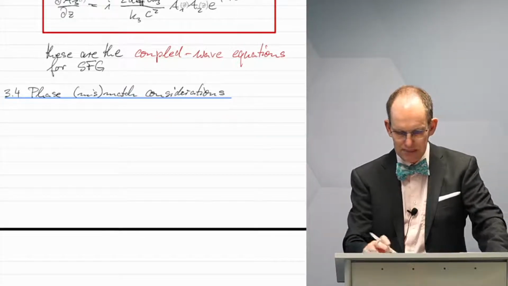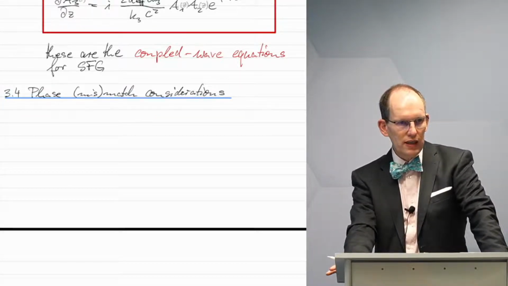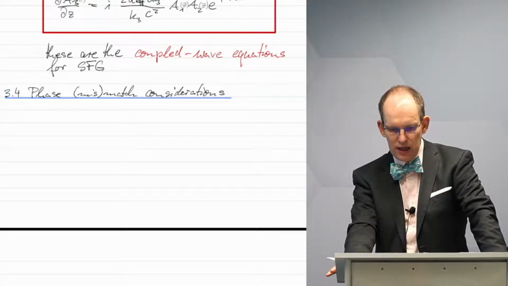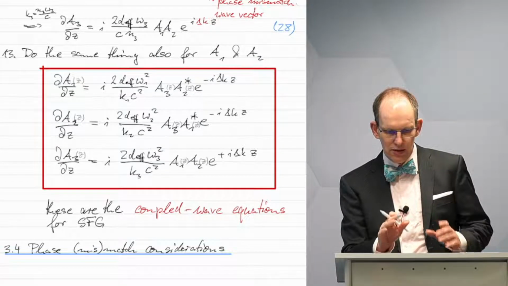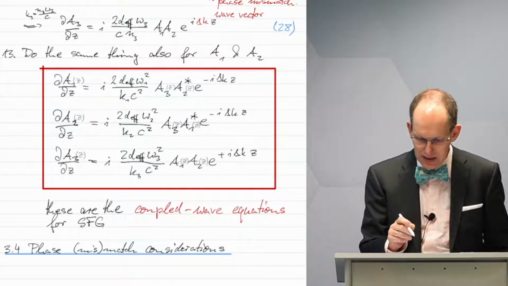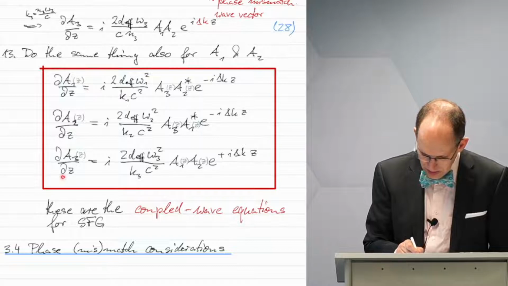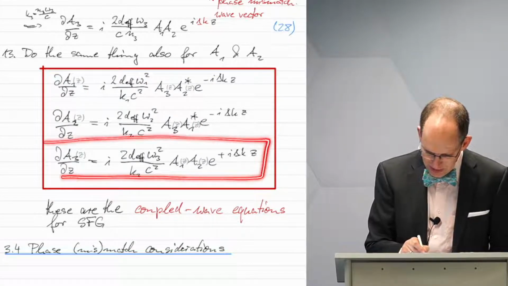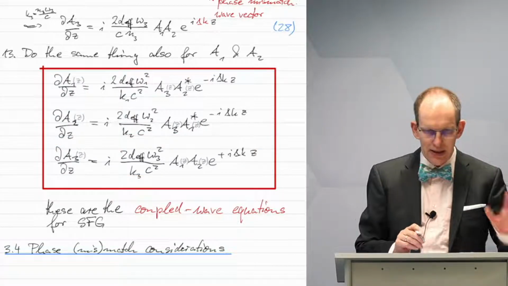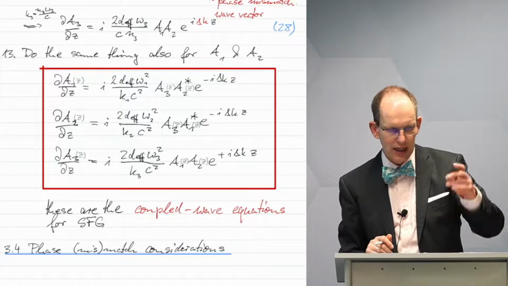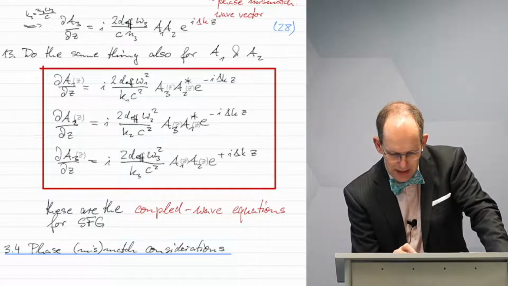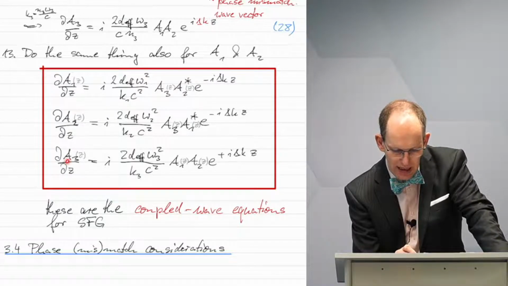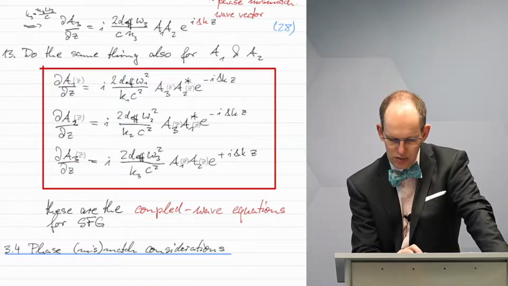Yeah, we solve this equation for a simple situation, namely the situation that we already discussed. We want to look only at the sum frequency, and in the spirit of what we said, driving this to the extreme, we say that A3 hardly changes, so that A3 really remains small.